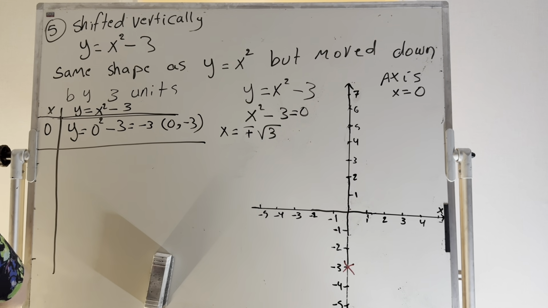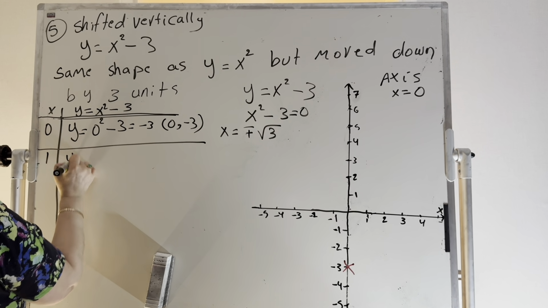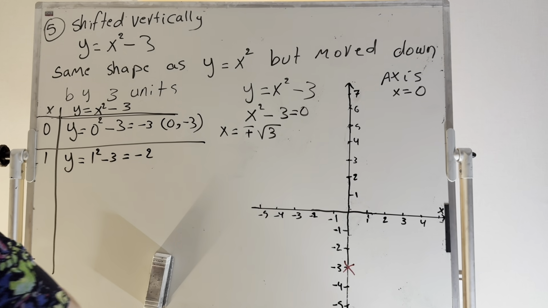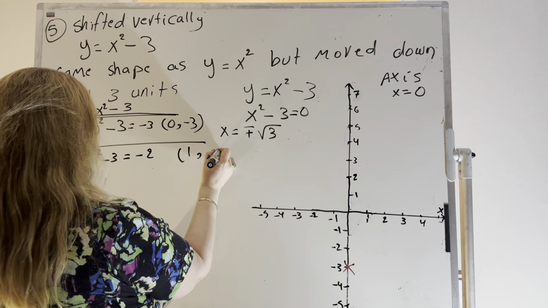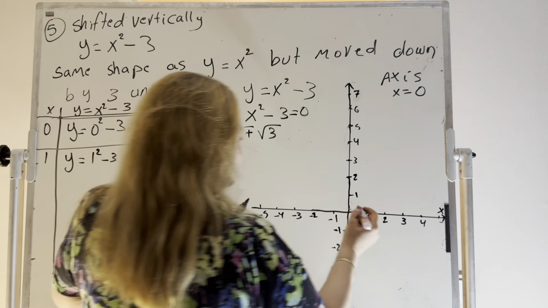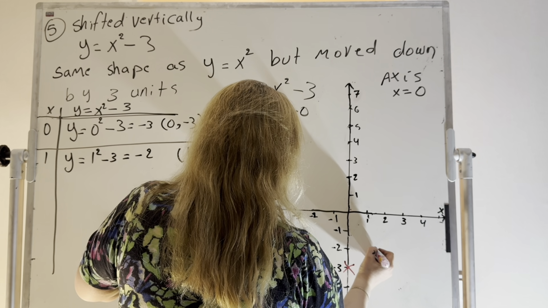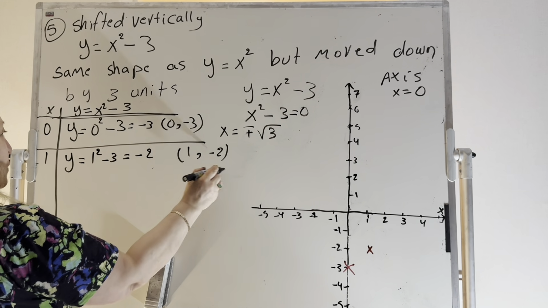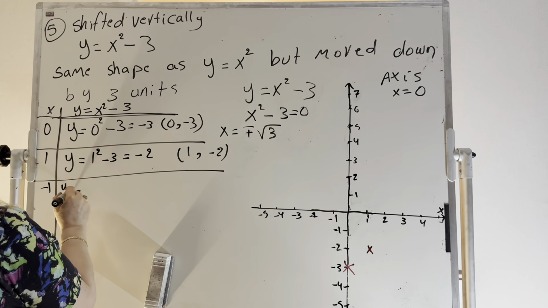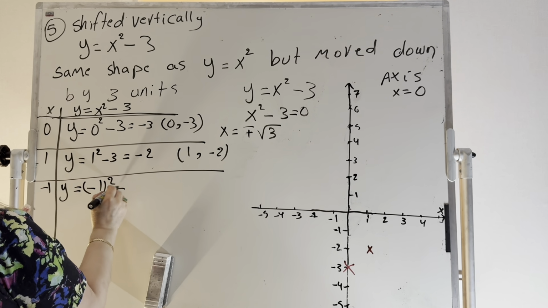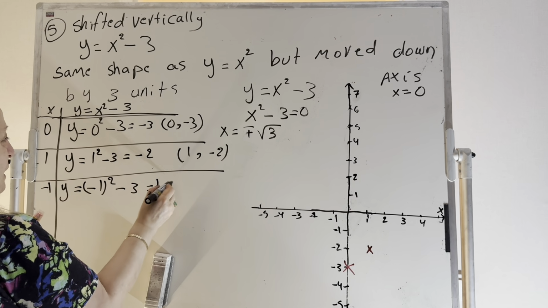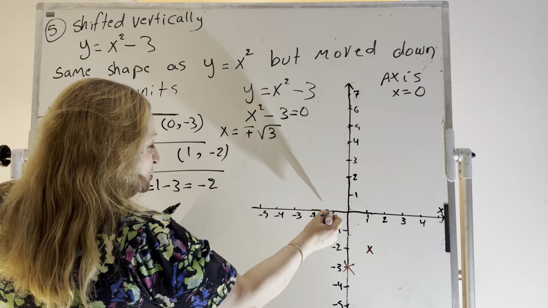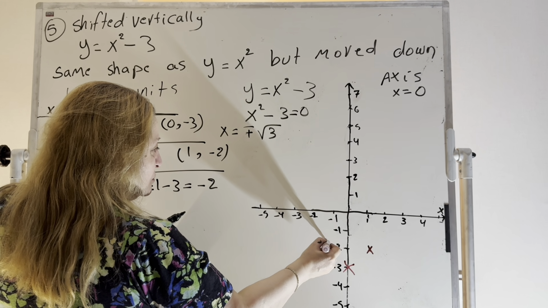When x equals 1, y equals 1 squared minus 3 equals minus 2. So it's here. And when x equals minus 1, y equals minus 1 squared minus 3 equals 1 minus 3 equals minus 2.